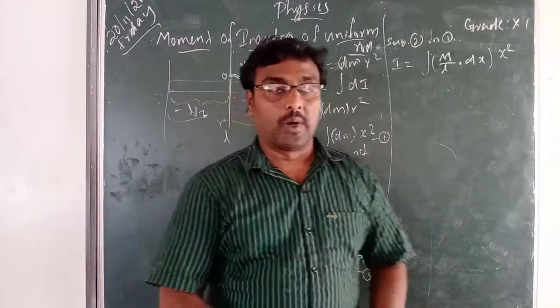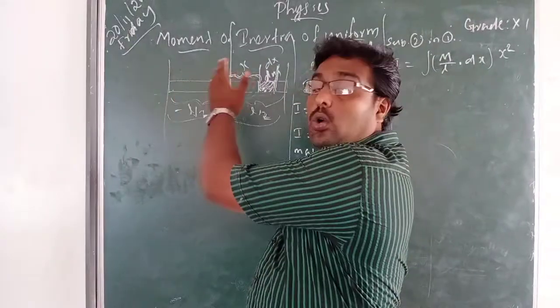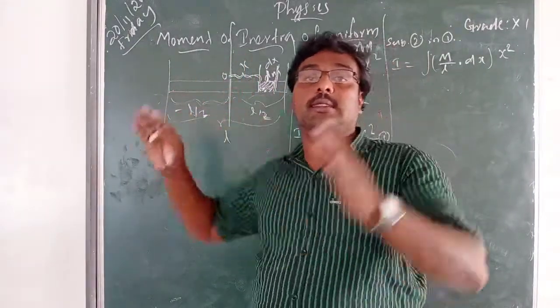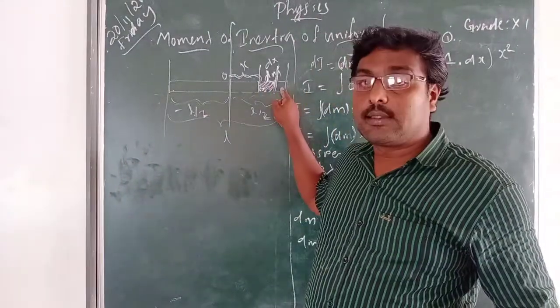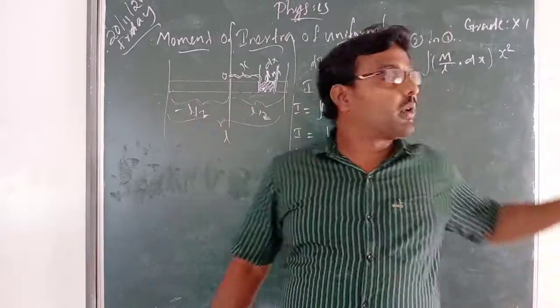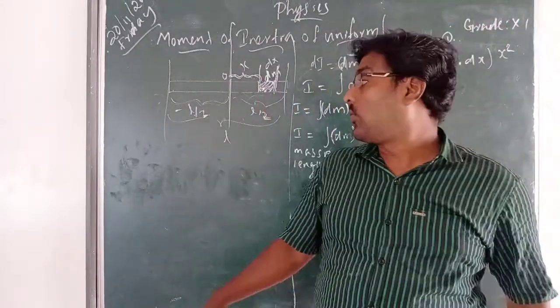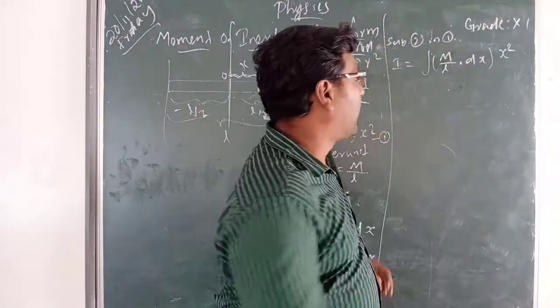Now remember, we are finding the moment of inertia of the whole rod. The total length is L, so we have to give limits: from minus L by 2 to plus L by 2.